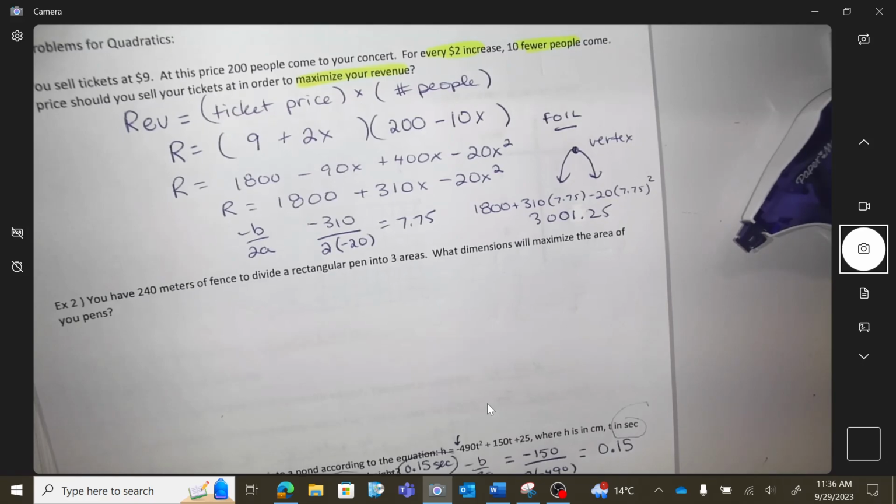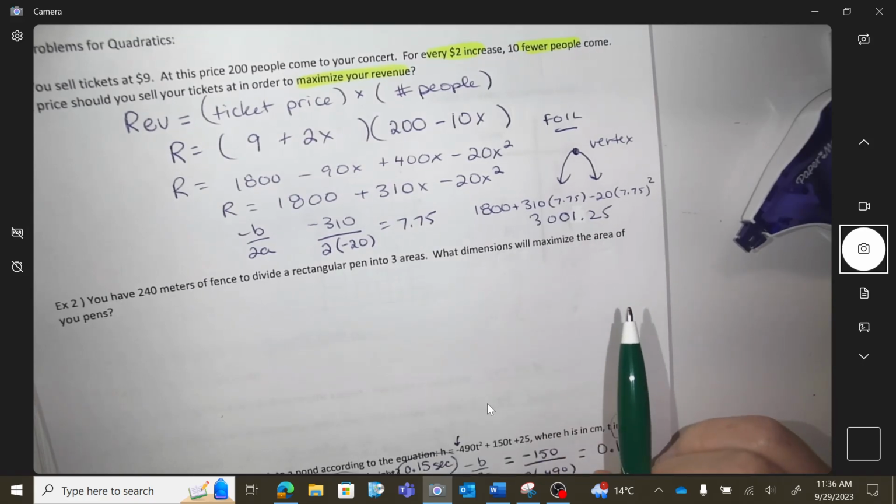Okay, so I found the vertex, and actually this and this, nothing answers my question. My question has nothing to do with this number or this number as an answer.